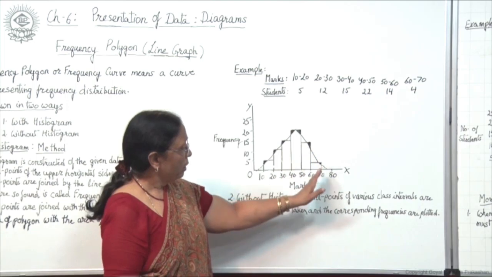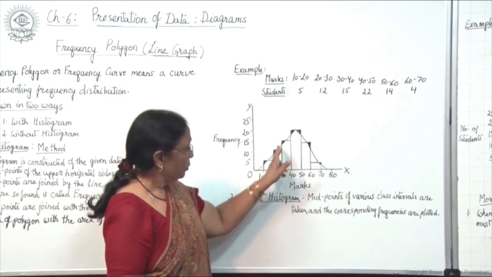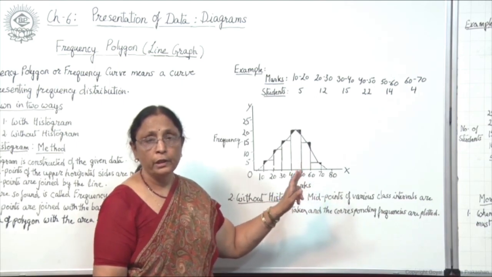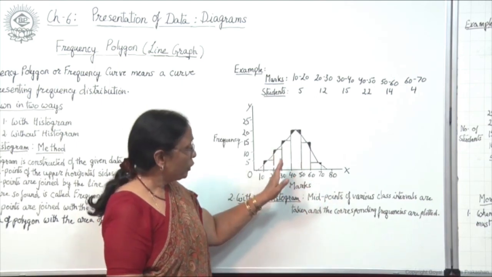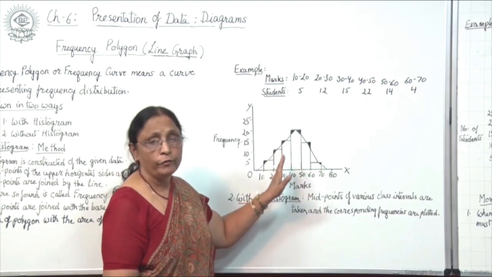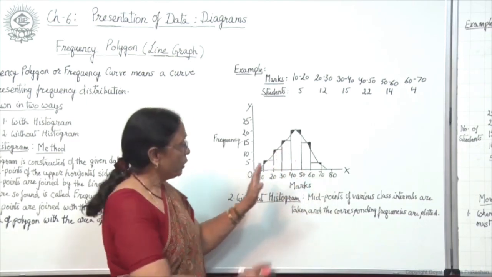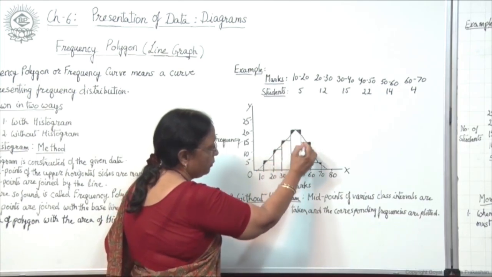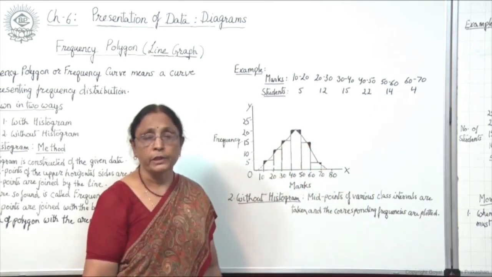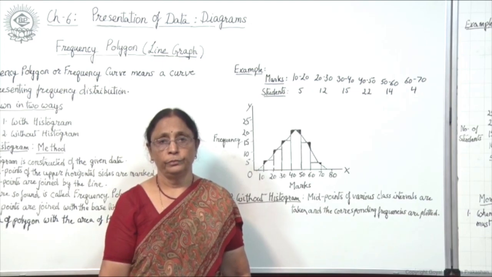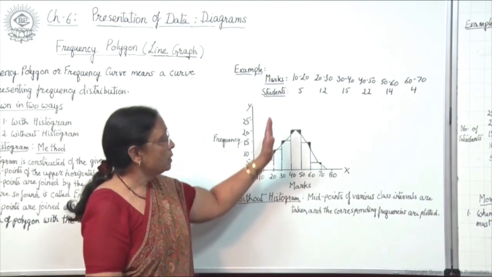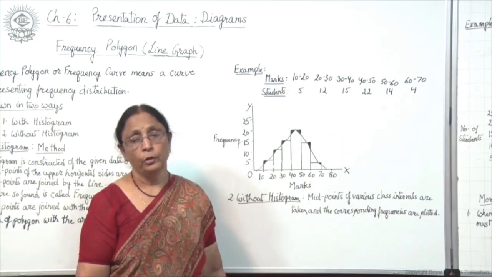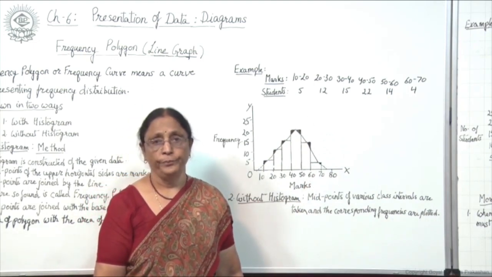So this way the curve shown over here is called a frequency polygon, and this frequency polygon I have drawn with the help of a histogram. The histogram is the base here, and with the help of the histogram we get a curve which is known as a frequency polygon. Got it? So this is one method of drawing a frequency polygon with the help of a histogram.